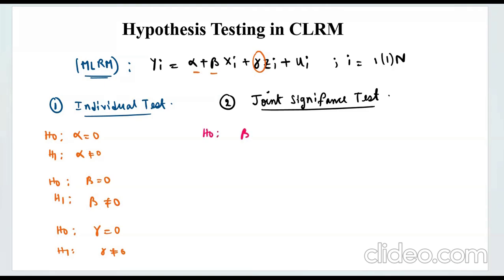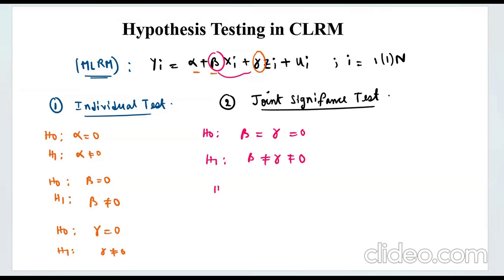You take two population parameters at the same time. Suppose I take this beta and this gamma at the same time, or you can do it with alpha and gamma also, or alpha and beta also. So this is a joint significance test when you take two population parameters at the same time. And the alternative is beta not equals to gamma not equals to 0.